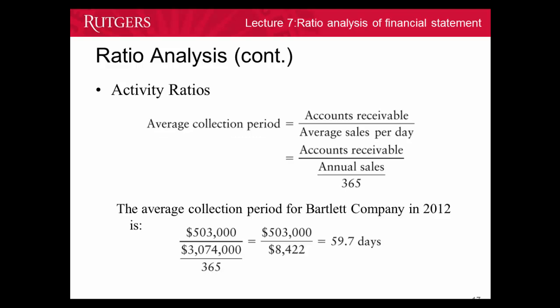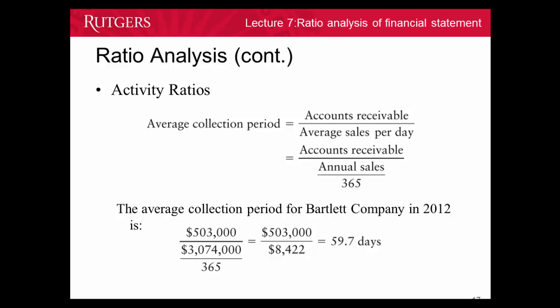Another activity ratio is average collection period. It is the approximate amount of time that it takes for a business to receive payments earned in terms of receivables from its customers and clients. Possessing a lower average collection period is seen as optimal because this means it does not take a company very long to turn its receivables into cash.